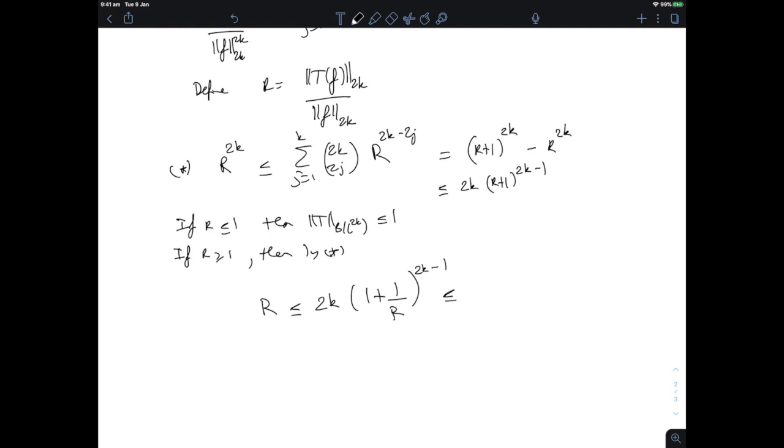Whatever that is, this is certainly smaller than 2k times 2 to the power 2k minus 1, which is some fixed number independent of R and independent of f.